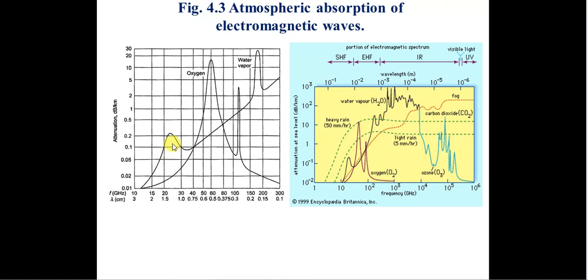Here at 20 gigahertz and above, attenuation is 0.2 and above per kilometer, and there are peaks. The peaks are at 22 gigahertz, then at 60 gigahertz, then at 110 gigahertz, and then the attenuation falls.